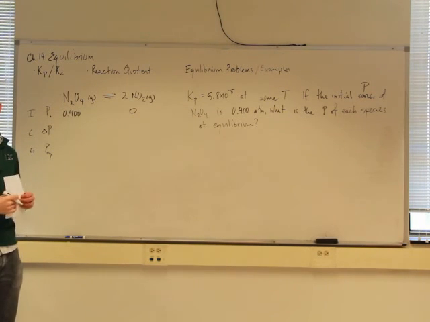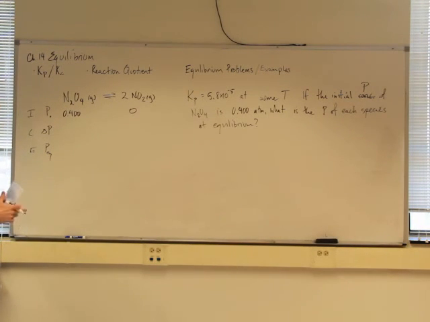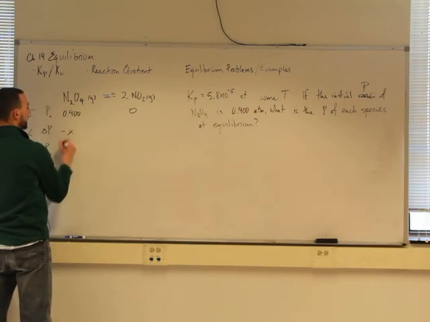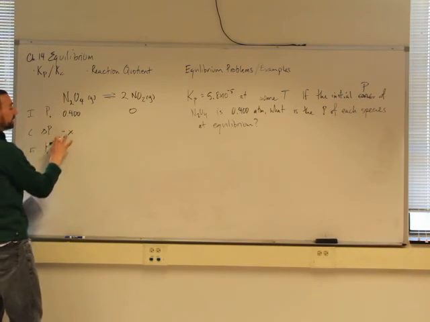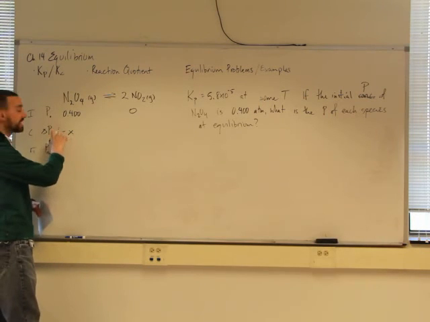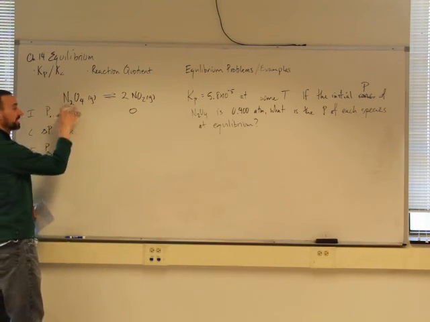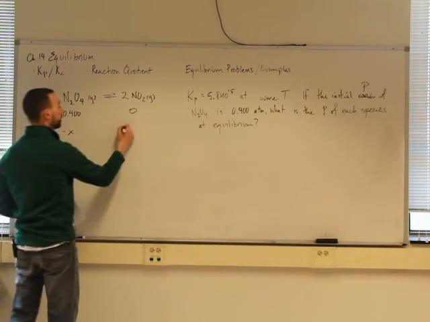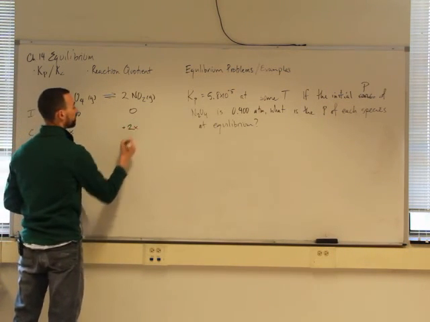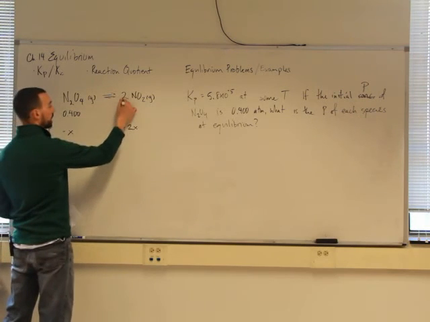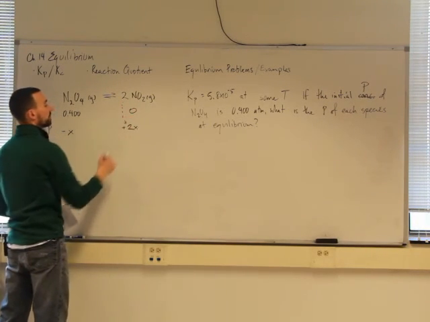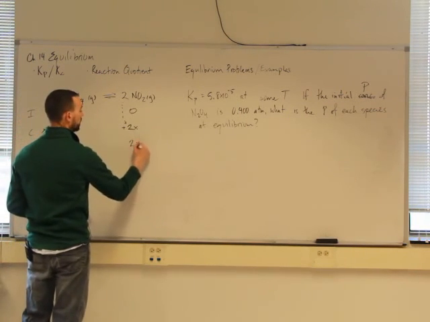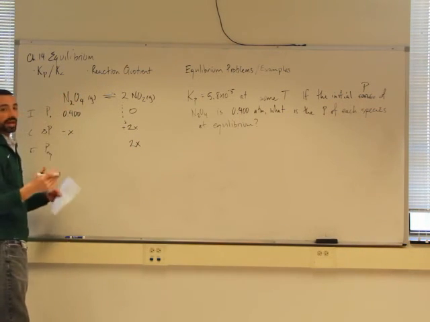Something will happen, right? There's some reason we're looking at this reaction. Some amount of N2O4 will react. Its coefficient is 1, so I'm going to represent that amount with a negative x, because I'm decreasing the amount of N2O4. That will lead to an increase of 2x in NO2 because of the coefficient. So at equilibrium, NO2 will be 2x.